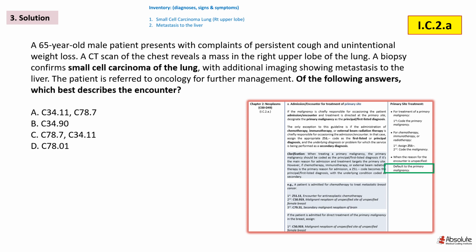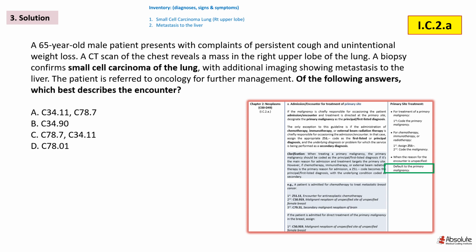If you look at our documentation, it says that this patient came in with these symptoms. They had a CT scan. They saw the mass in the upper lobe. Then they had a biopsy, which confirmed cancer of the lung. But they also showed metastasis to the liver.